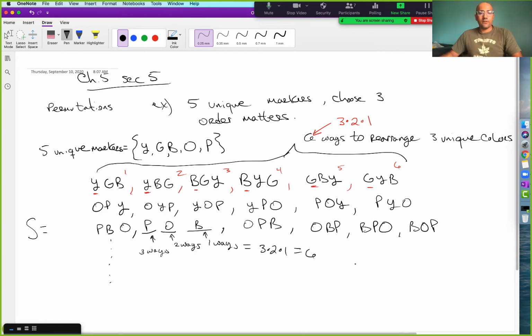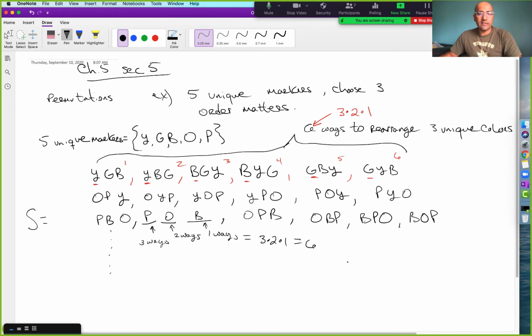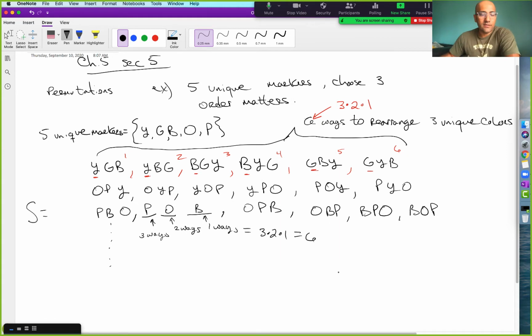Okay? All right, so if I create this giant table of all possible ways to select 3 out of 5 of these colors, 3 markers out of 5 of these markers when the order matters, then I would create this ginormous table, right? Go down this way like that, and then across this way. And I know that all of them would represent permutations.